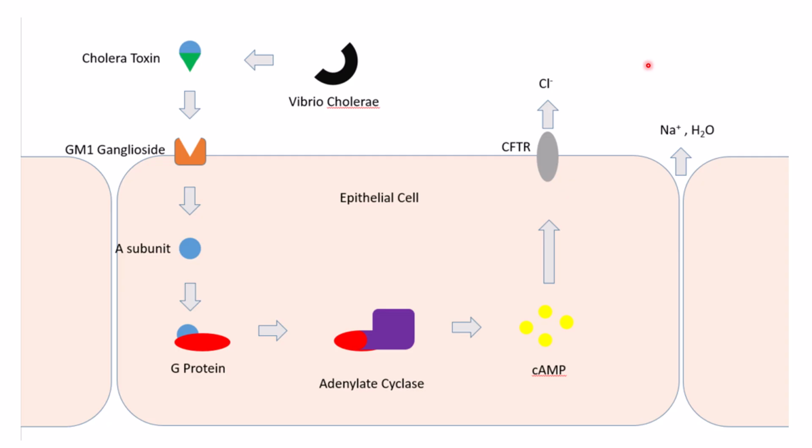will go out into the lumen, and this will result in loss of fluid or dehydration in the patient, and it is the cause for the diarrhea, watery diarrhea in cholera affected patient, and they have rice water stool like appearance which is associated with cholera infection.